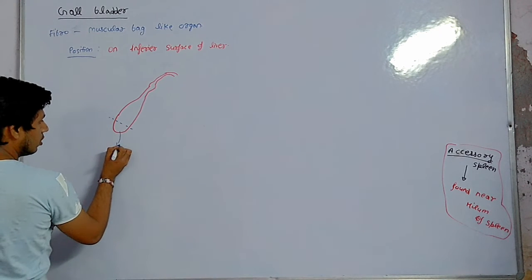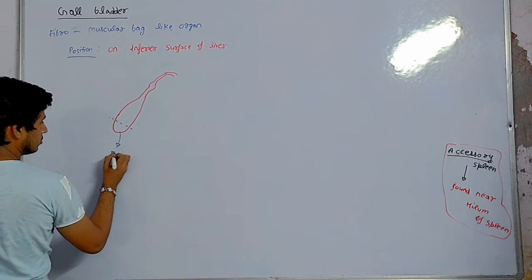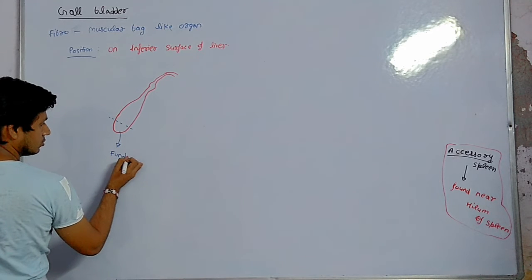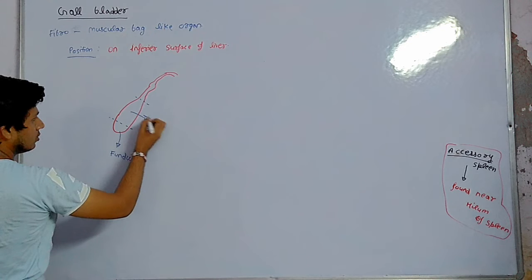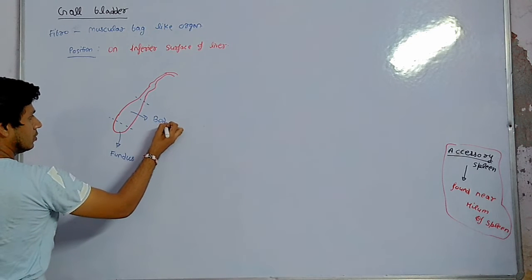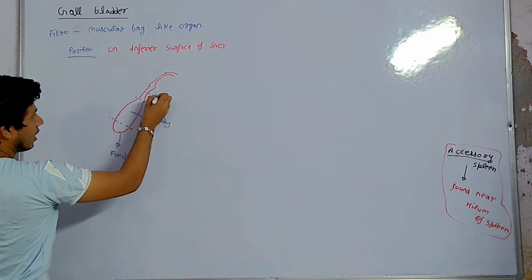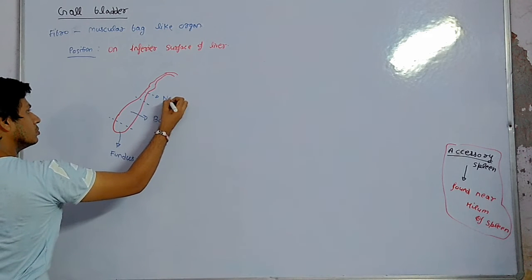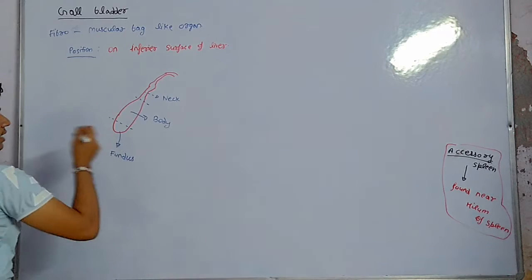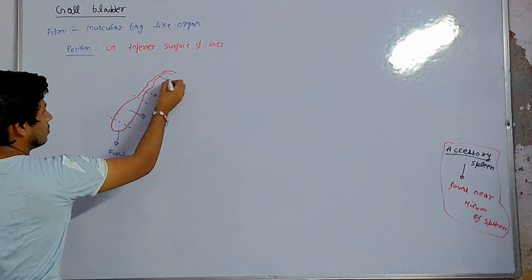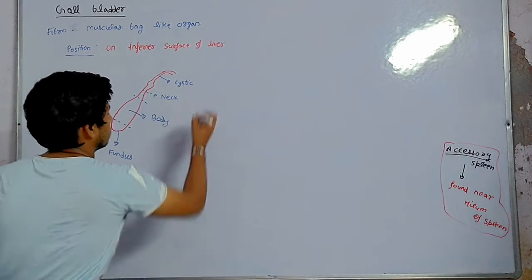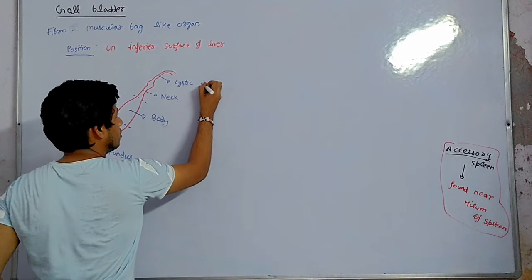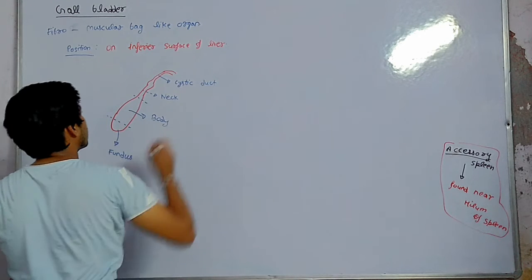This is called the fundus. This is called the body. This is called the neck. And then this is the cystic duct, the duct of the gallbladder. So these are the parts of the gallbladder.